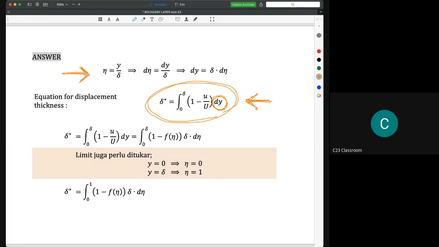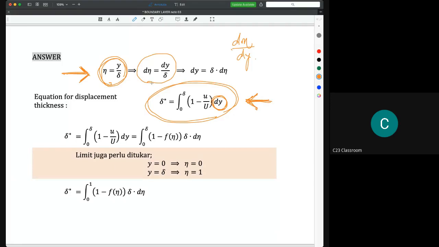So first, we know from our assumption, eta is equal to y over delta, and then if we differentiate it, we get d eta over dy equal to 1 over delta.